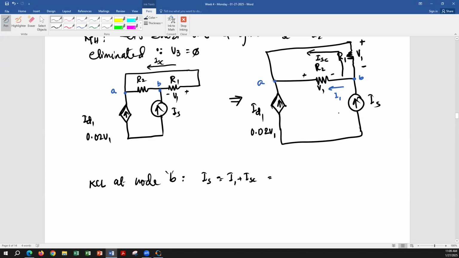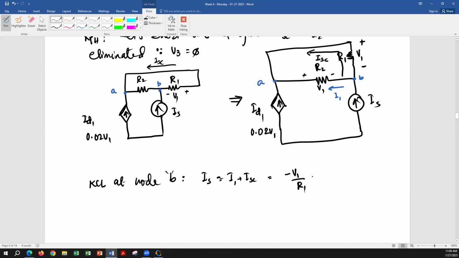Actually, we can just find V1 from this, right? Because I1 is what? What is I1? Negative V1 over R2, if I'm taking V1 direction, this. Because of course, when I1 enters here, positive voltage is going to be on the right side and negative voltage is going to be on the left side. But since I'm taking I1 in the opposite direction, then that simply becomes negative V1 over R1.